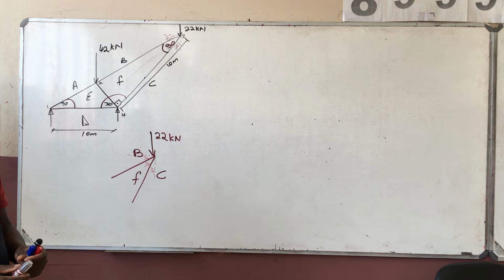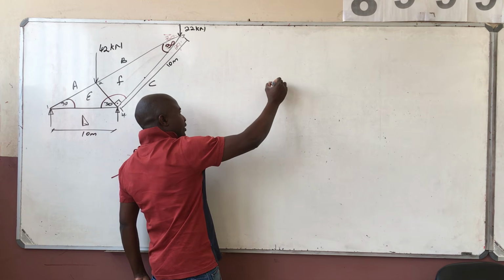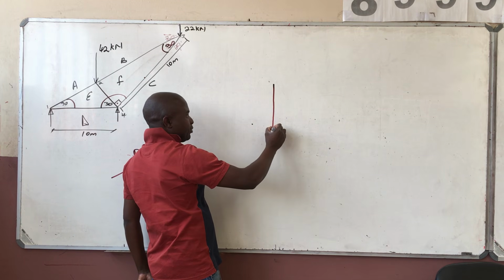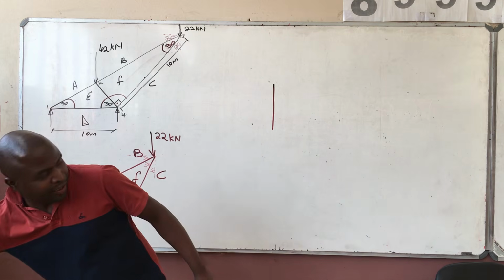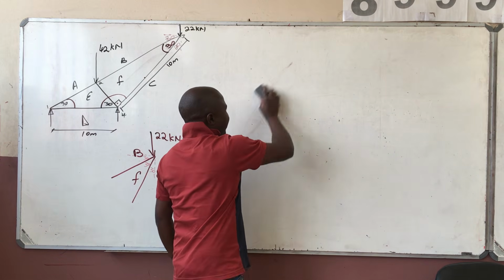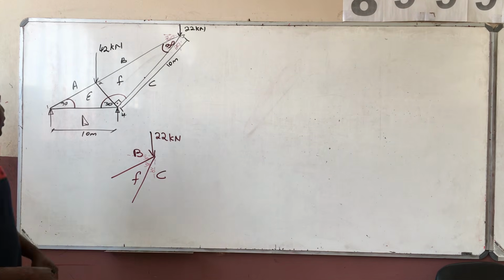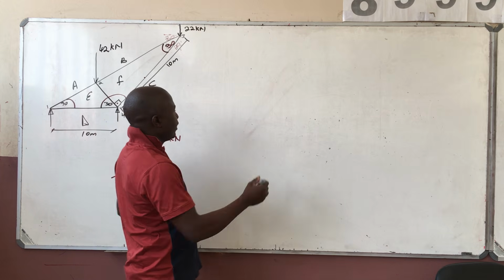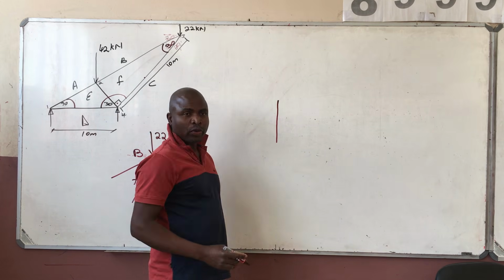Which one do we start with? BC. BC going down. When you draw, you must also consider the place where you are going to draw.